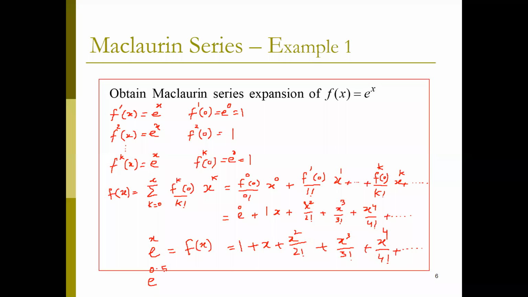It can be approximated by 1 plus 0.5 plus 0.5 square divided by 2 factorial, plus 0.5 cube divided by 3 factorial, plus 0.5 raised to the power 4 divided by 4 factorial, and so on.